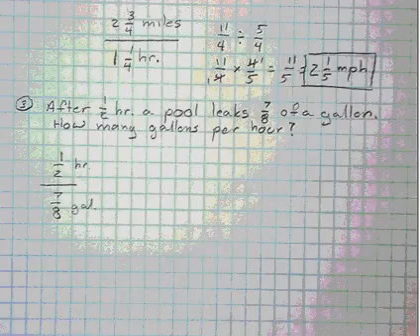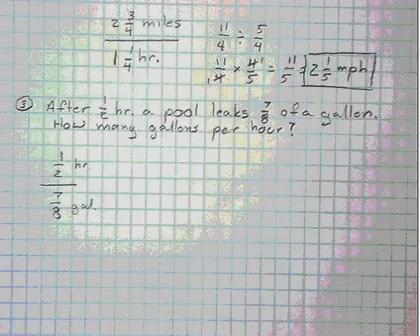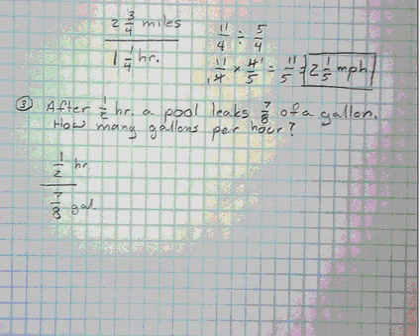Right. We want our ratio to be gallons per hour. So we want our gallons on top and our hours on bottom. That is a very, very common mistake that people have. Make sure that you see in the question what our ratio is going to be. So we want to know how many gallons per hour.